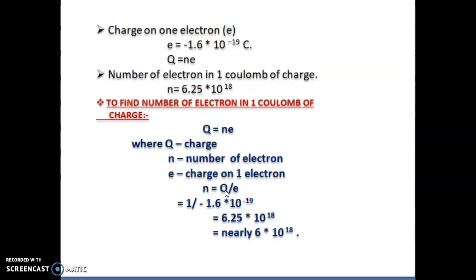Q is the charge, here 1 coulomb. e is the charge on 1 electron, minus 1.6 into 10 to the power minus 19. When we divide this, we get 6.25 into 10 to the power 18. So nearly it is 6 into 10 to the power 18. This value is given in your book.